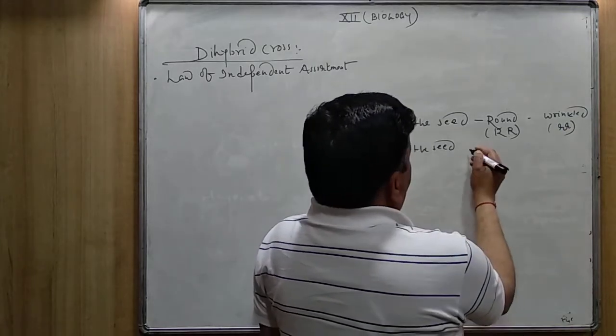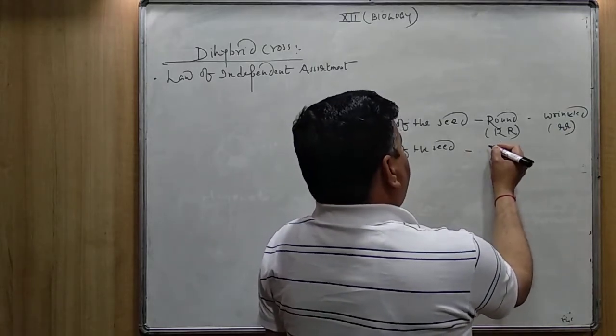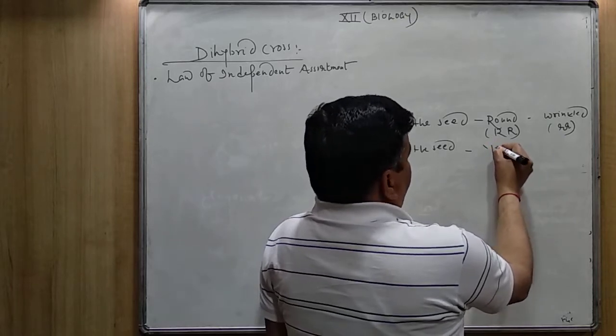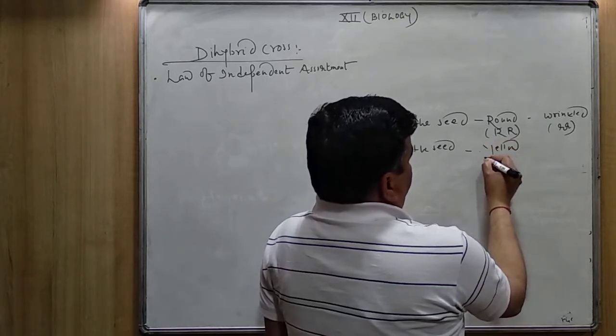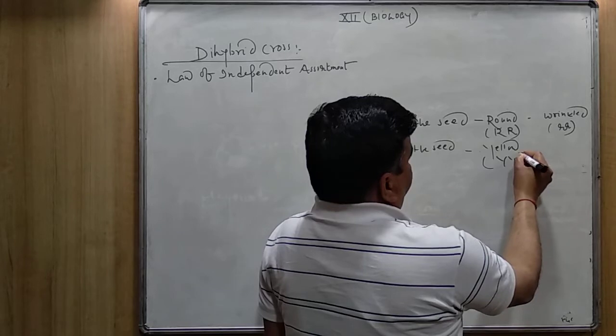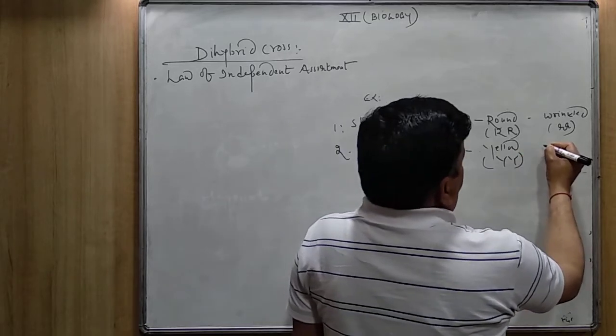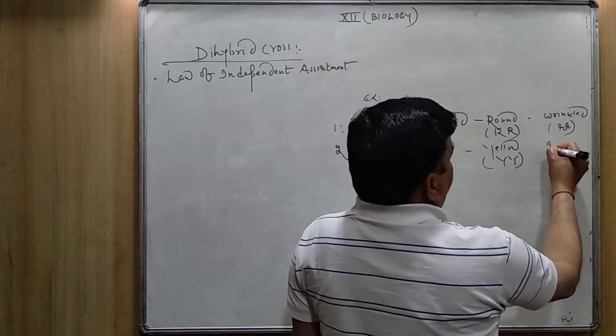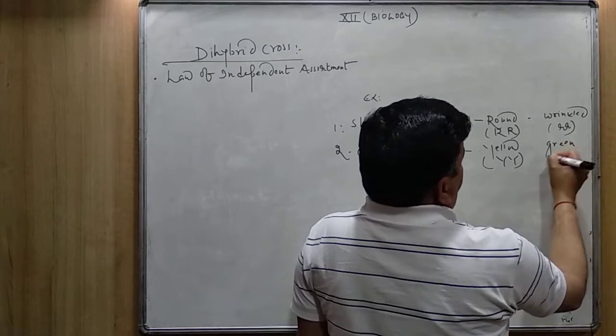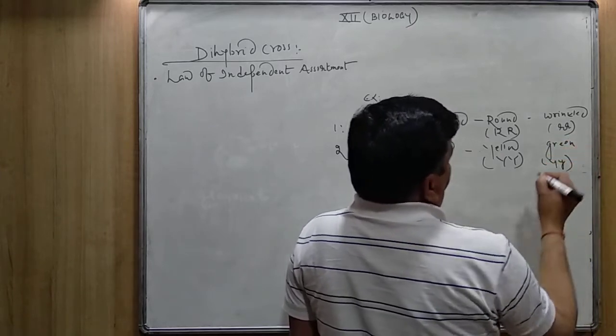The same in the color of the seed, the yellow color was the dominant trait, capital Y, and yellow was dominant over green. So you can write here small y.